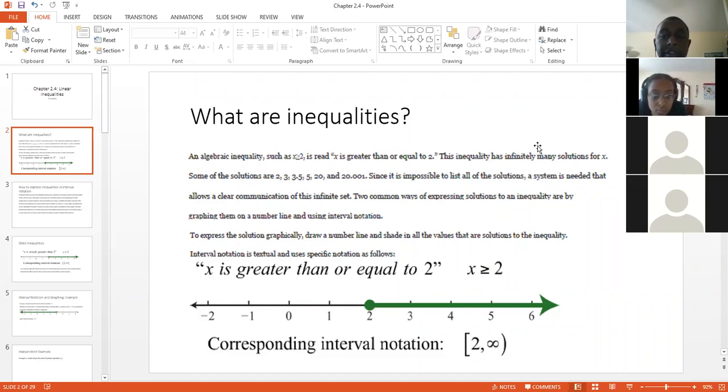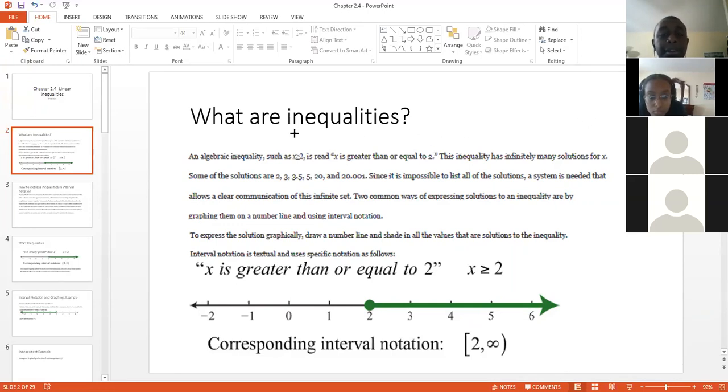What does infinitely many mean? You can't write every single solution for x. So x is greater than or equal to 2. You can't just write the whole numbers 2, 3, 4, 5, 6, because you're going to be going on forever and ever.